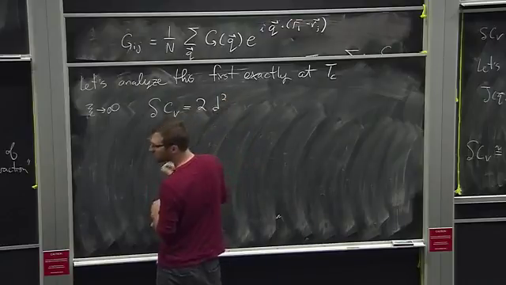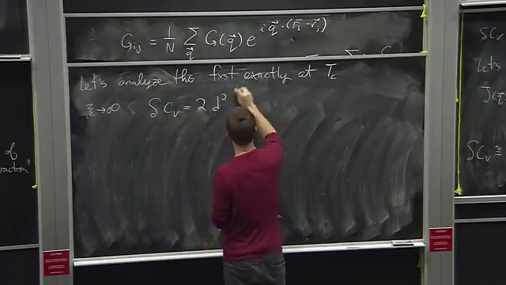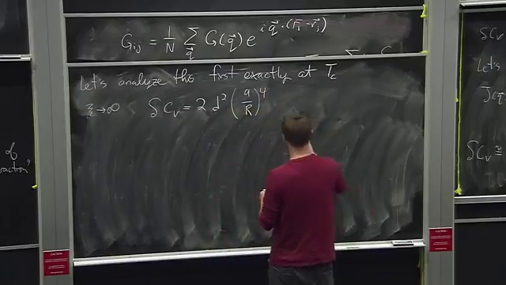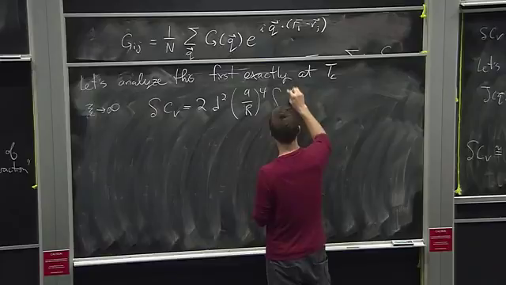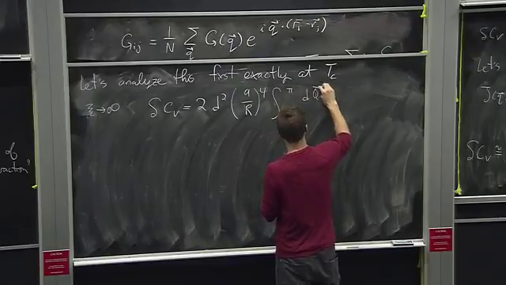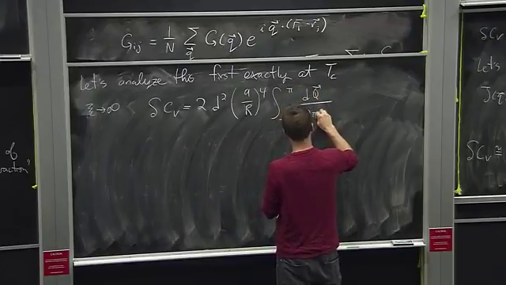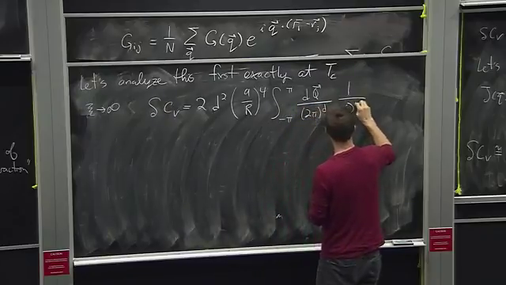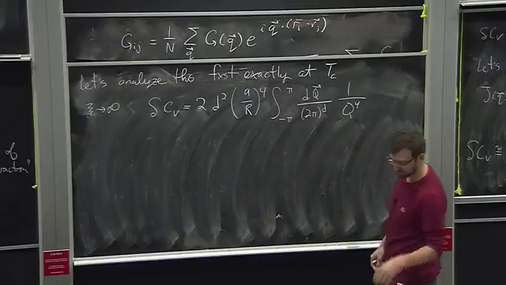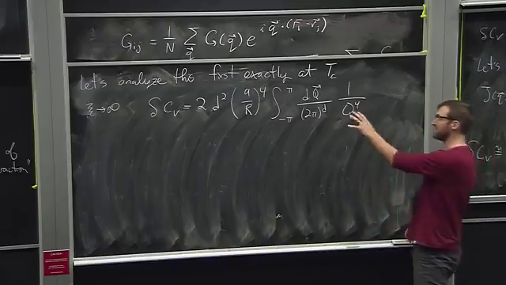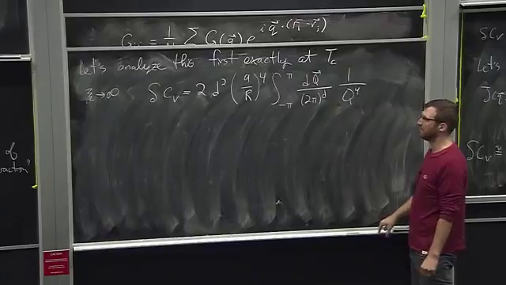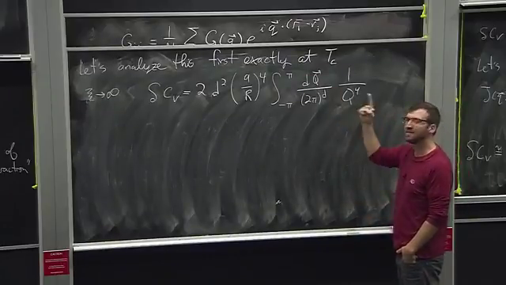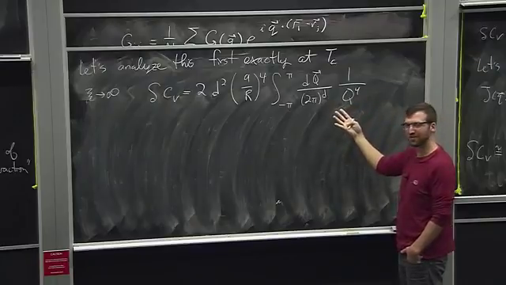So my delta CV, 2d squared. Yep, A over r to the 4. And then my integral is just one over Q squared squared. Okay, that one, now you can see very simply the structure. There's no angular dependence of anything in this integral.